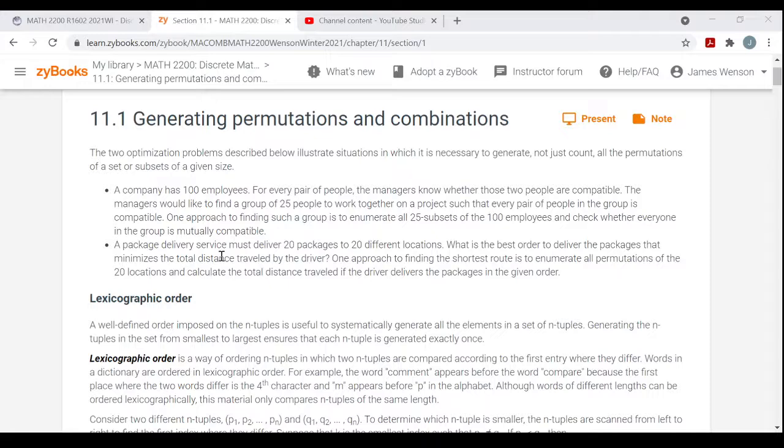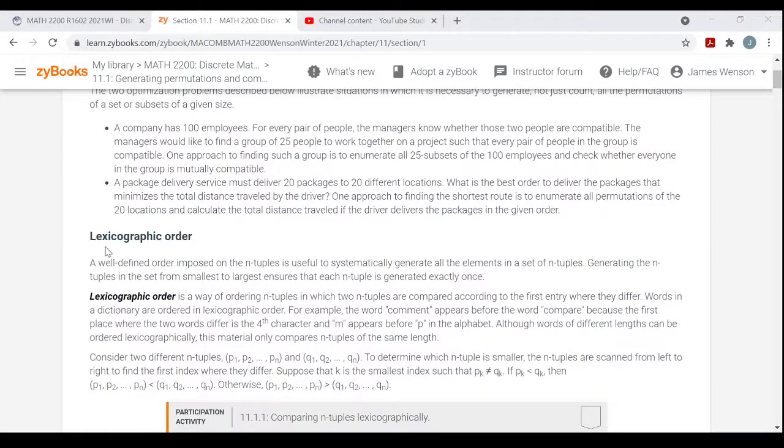Alright, so the first concept we're going to run over is lexicographic order. Now this just means like dictionary order. Dictionaries are in lexicographic order when it comes to words of the English alphabet. So you're ordering permutations and ordering combinations in kind of a dictionary-style fashion.